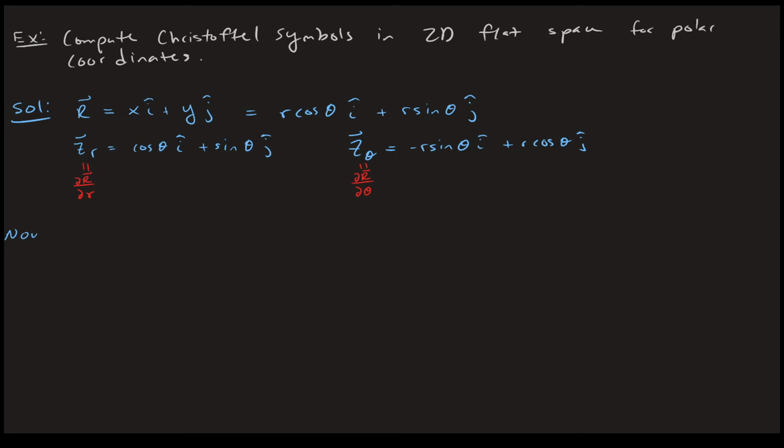Now, consider partial z r, partial r. Well, that's going to be 0 i plus 0 j, because there's no r anymore, which is actually 0 z sub r plus 0 z sub theta. And let's just make a note here that we're saying x1 is r and x2 is theta.